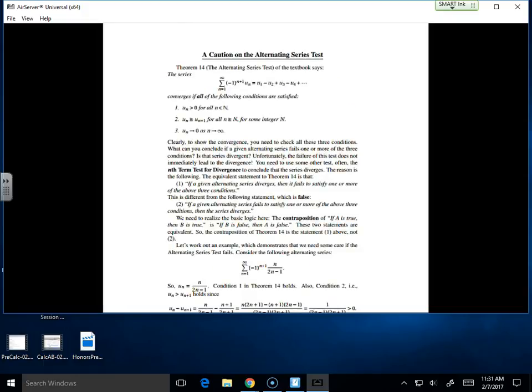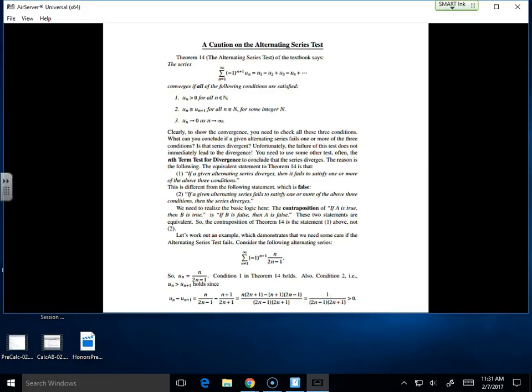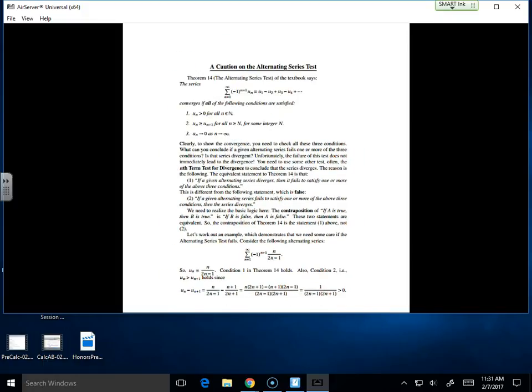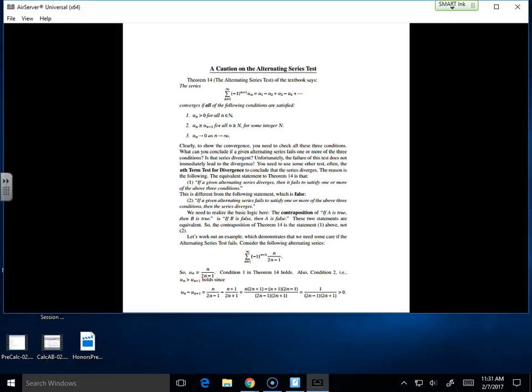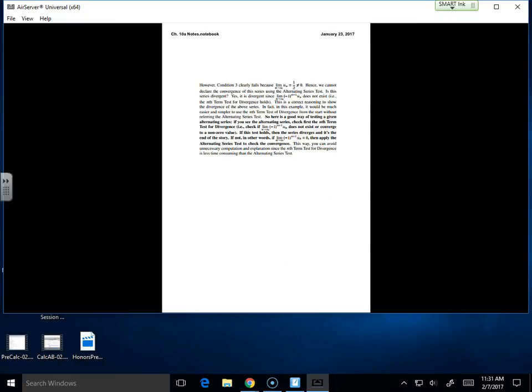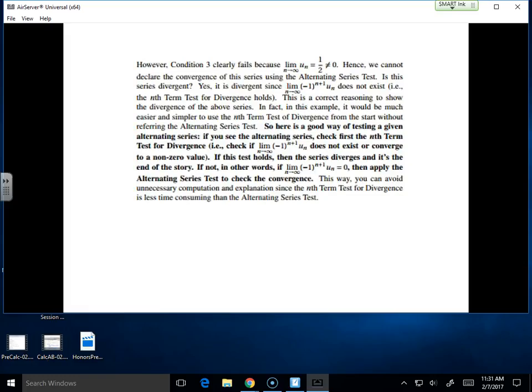Long story short, you don't need to write all this stuff down. This is saying there are 2 different approaches to doing alternating series. We don't need to stress too much about that, except I did like at least showing you what they said: based on all this craziness, a good way of testing an alternating series is to check the nth term for divergence, aka the limit as n goes to infinity, which we have been doing.